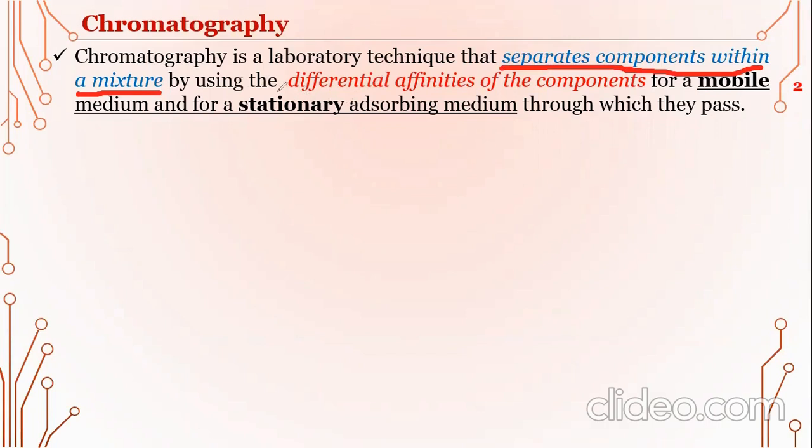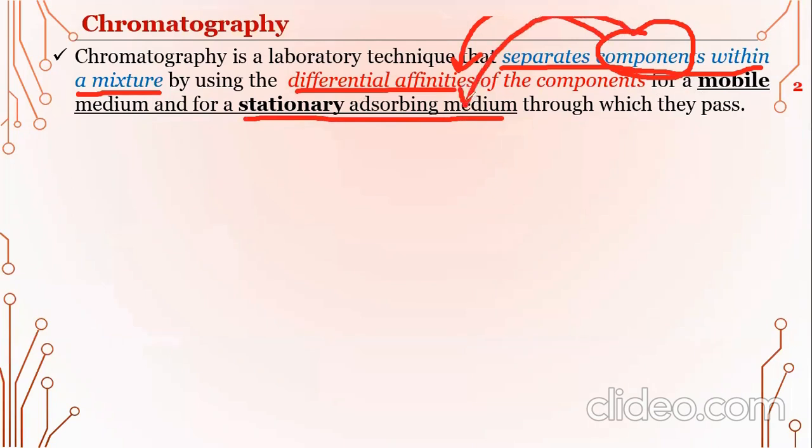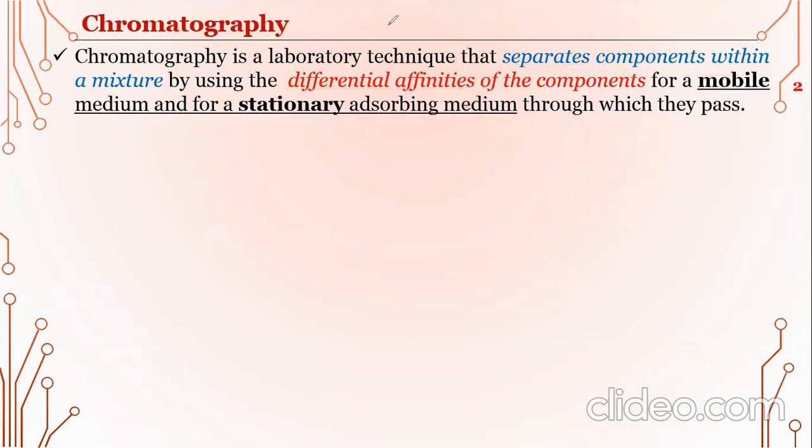And basically, it is based on differential affinities. These components will have different affinities for a mobile medium and for the stationary medium, and based on those affinities, these different components within a mixture could be separated out.